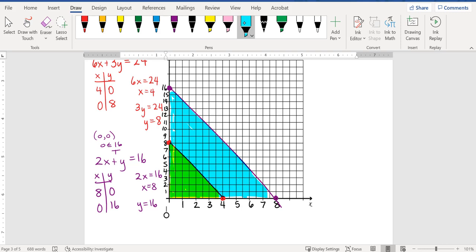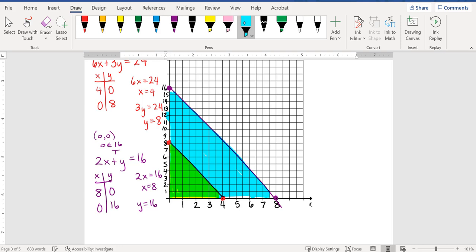So my feasible region is going to be the region, remember that the feasible region is the region that satisfies both of those inequalities.